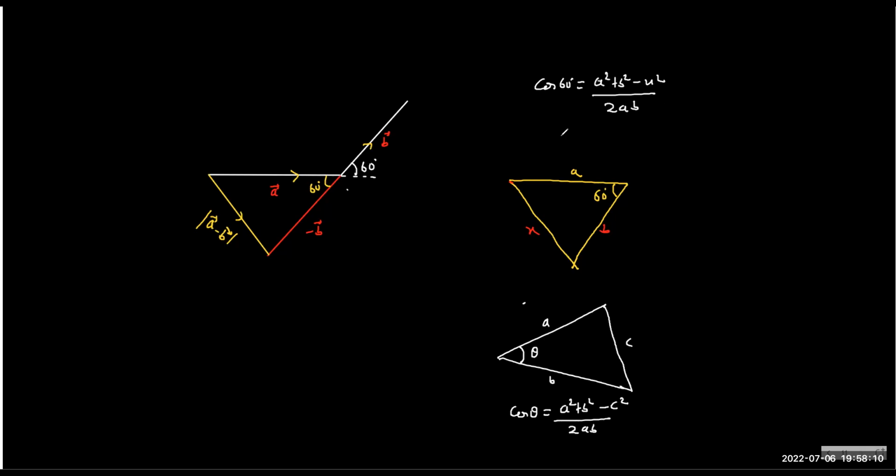So A square plus B square minus X square equals 2AB cos 60. What is cos 60, by the way? Half. And then therefore X square is how much? So X I got. I'm done. I really do not care about the vectors. But let's say if I want to solve using vectors, how will I solve?